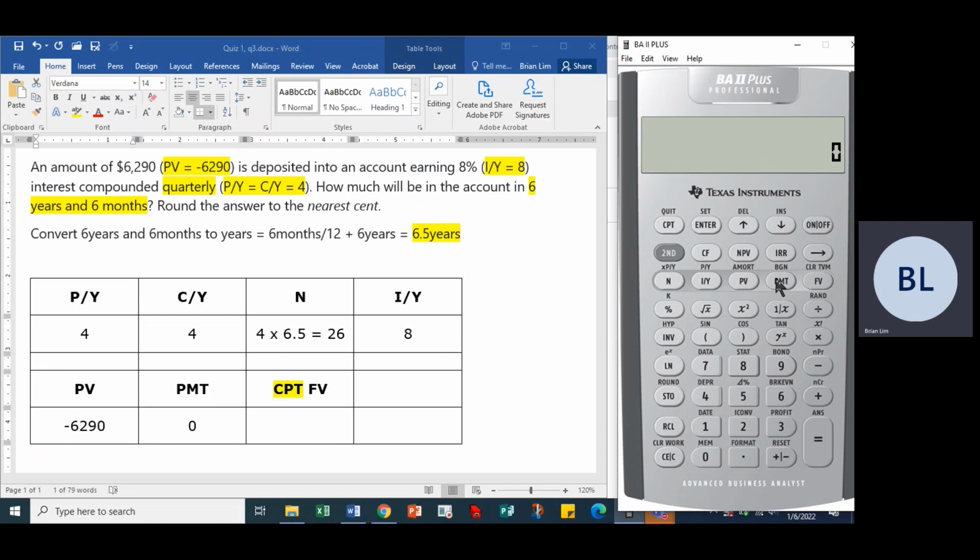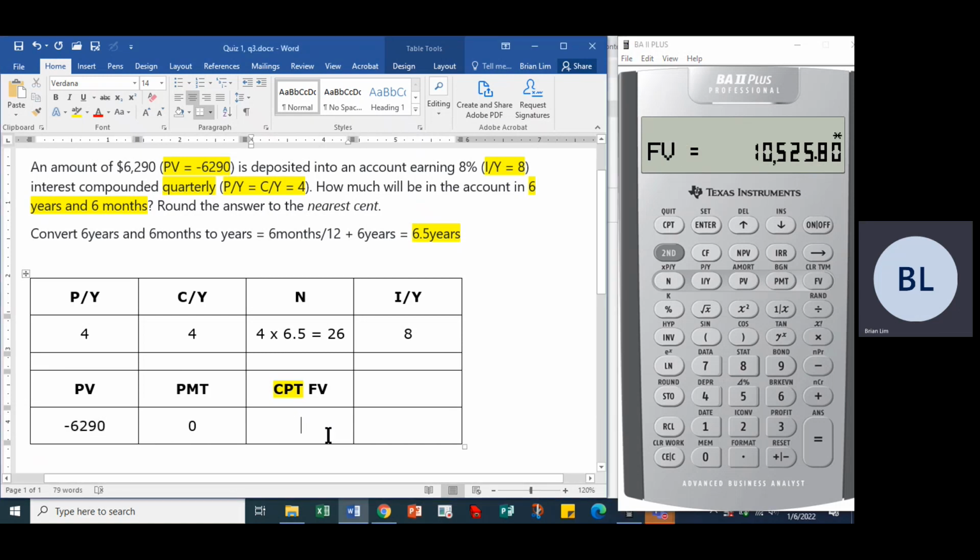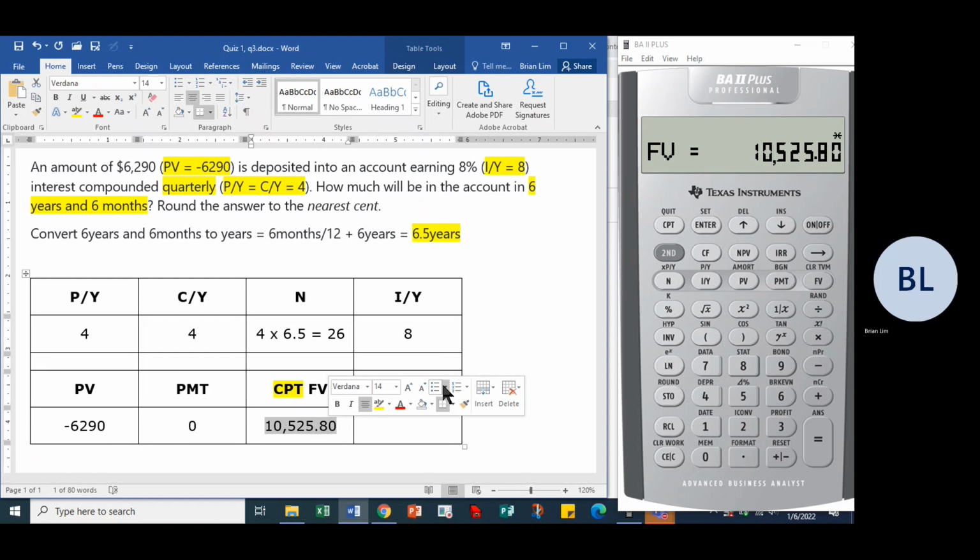And then we are computing, CPT, future value. So the future value in this case is 10,000, you could put in a comma if you wish, $10,525.80. And that would be the answer.